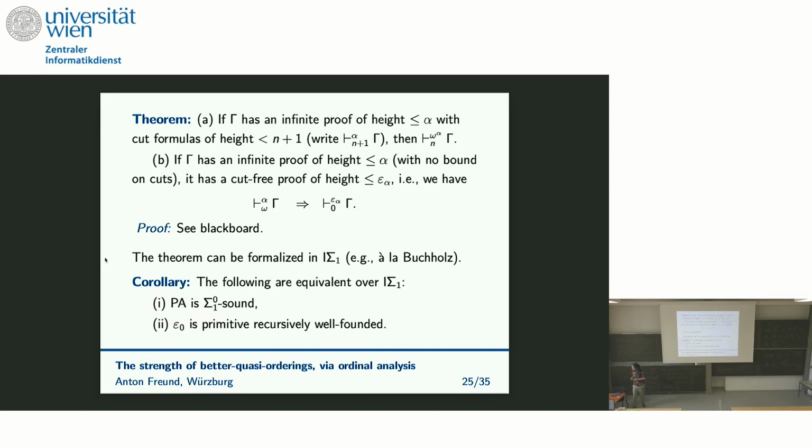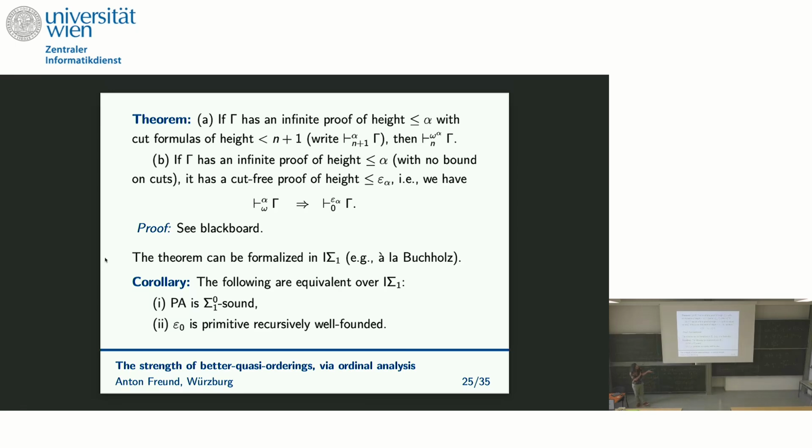Yeah, so what are the consequences of this cut elimination procedure? Maybe the first thing to say is, at the beginning, when we were looking at the consistency of I sigma 1, we were working with finite proofs only. And there it was pretty clear that the cut elimination procedure was a primitive recursive procedure and could easily be formalized in theories like PA or I sigma 1 itself, or weaker theories even.